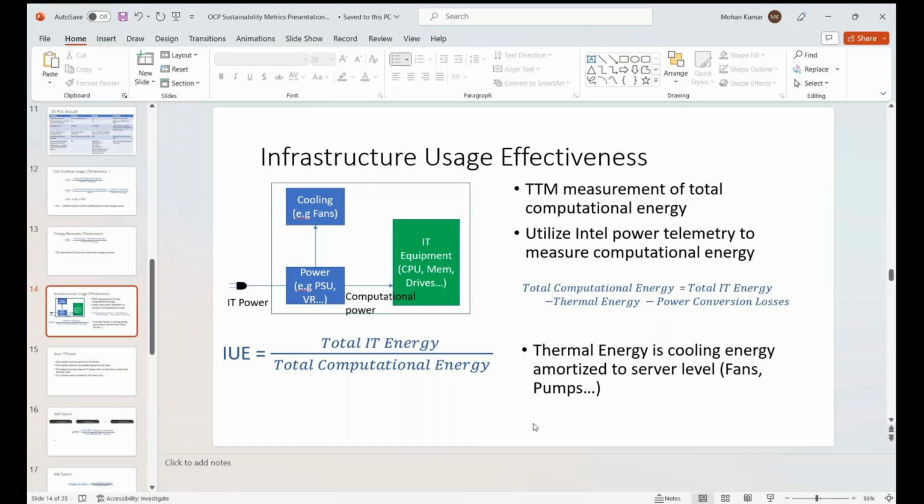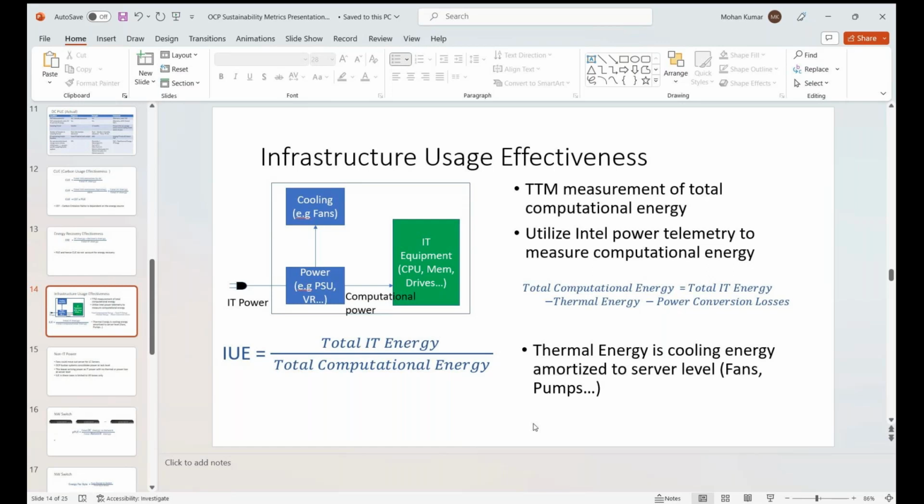I think the whole point is how much of our energy is actually going to IT hardware versus how much of it is going to power and cooling losses in general. Our entire goal, whether it's PUE or IUE, is to essentially minimize those losses. And I'm saying that at the granularity that you look at, the losses may just go away.